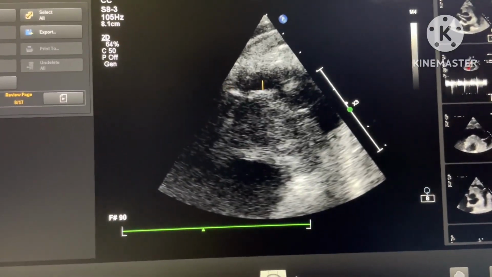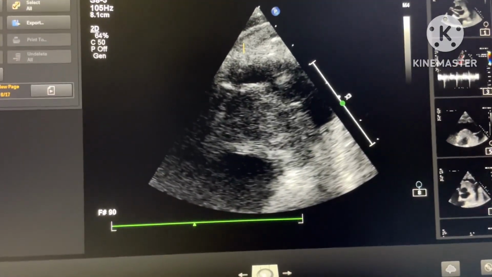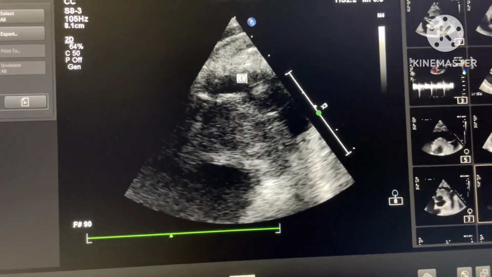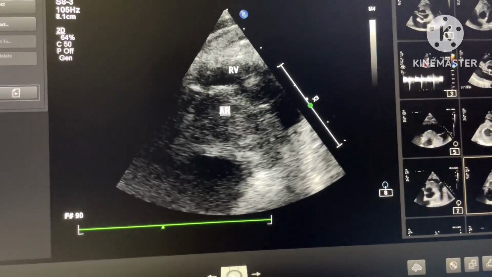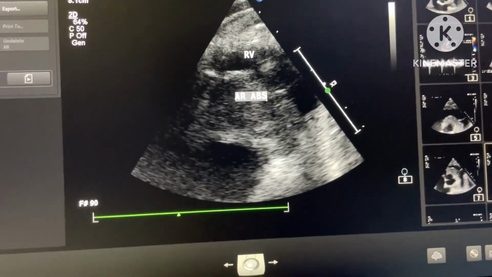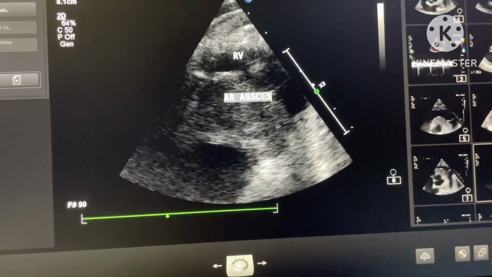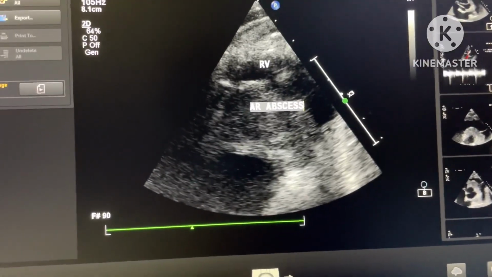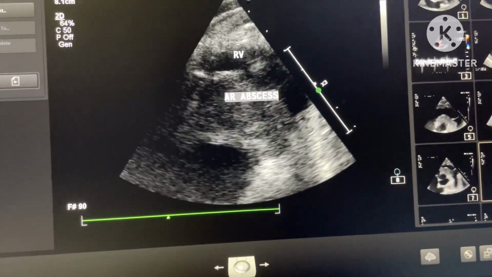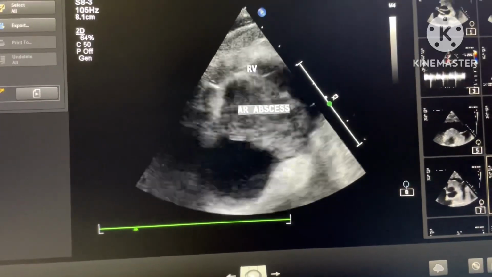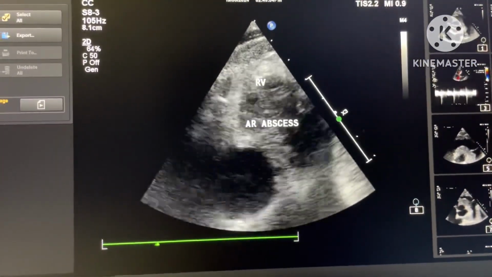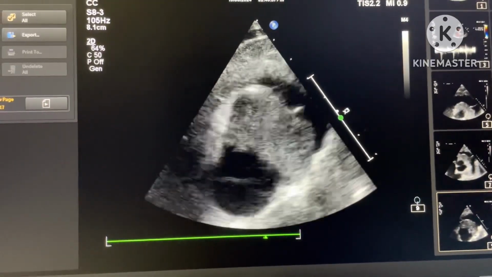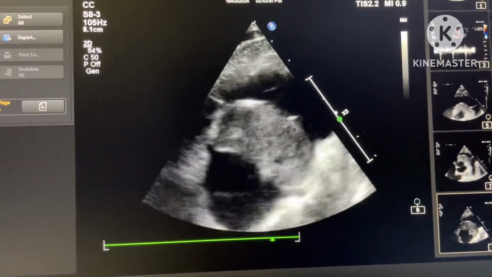In this image, this is the right ventricle, RV, and this is aortic root abscess. Again, you see the aortic root abscess.